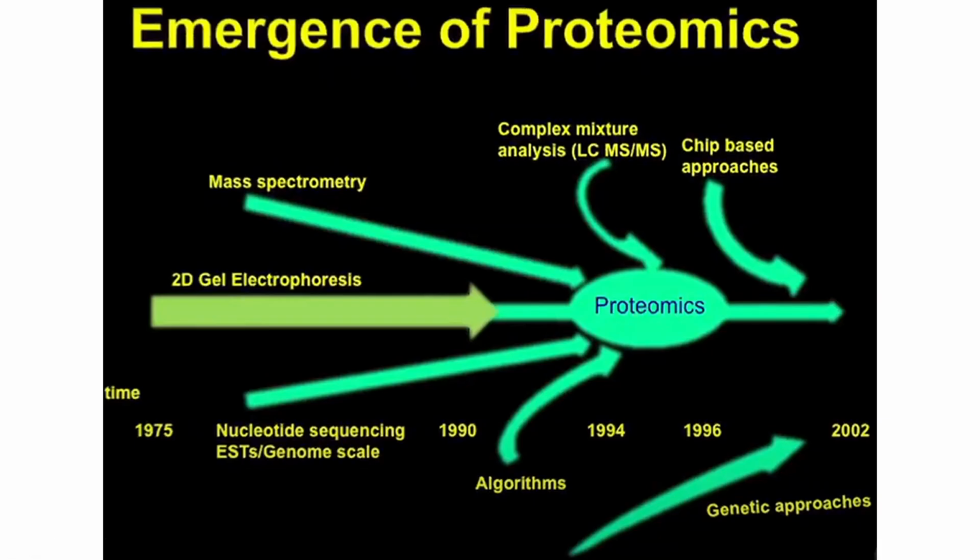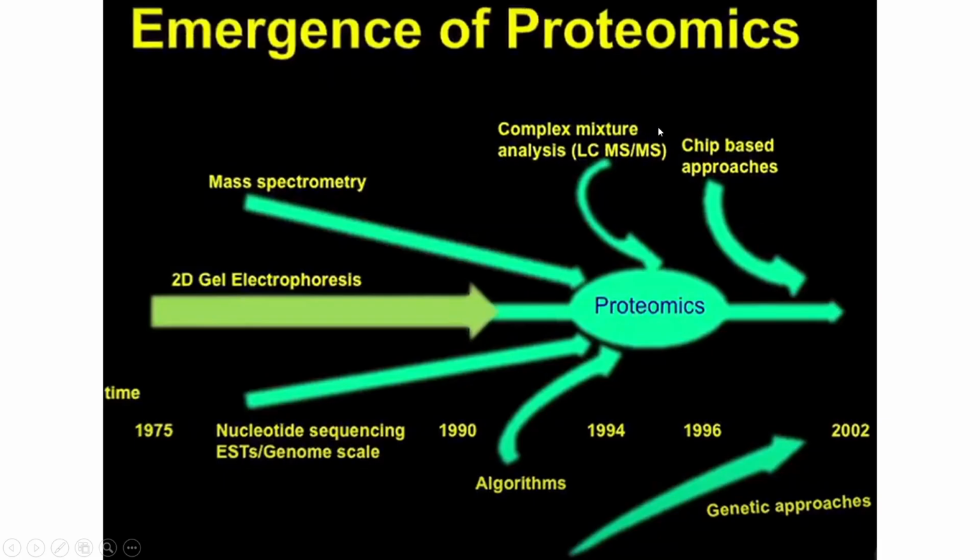Okay, so this is how the history of proteomics is basically. So there was 2D gel electrophoresis wherein proteins were separated with the help of electrophoresis technique. Then mass spec came into picture. Even earlier, nucleotide sequencing also came up.